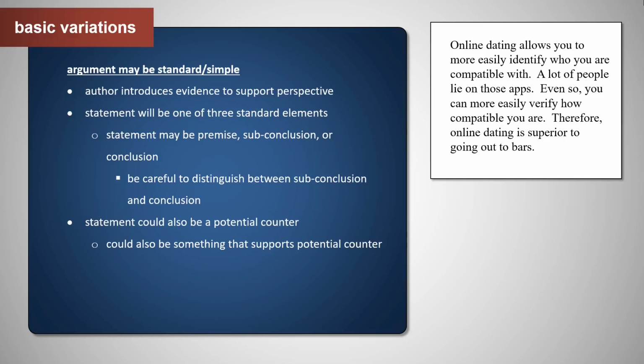You could have also had, so that could also be something you could be asked about more rarely, evidence as to why it's true that a lot of people lie on those apps. So that would be support for the potential counter. So that's one way in which they might make it a little bit more complex in these more standard argument structures or argument types, where they simply provide a potential problem and maybe reasons to accept the potential problem, but then also a direct challenge or additional support for the author's main conclusion that rules out that problem.